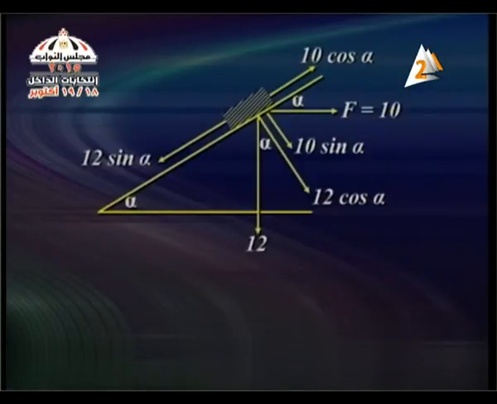Then, as you see in the figure, the weight of the body, 12, is resolved into two perpendicular components, 12 cosine alpha and 12 sine alpha, parallel to the line of greatest slope, and the force F, which is drawn parallel to the horizontal, is also resolved into 10 cosine alpha upwards parallel to the line of greatest slope and 10 sine alpha.